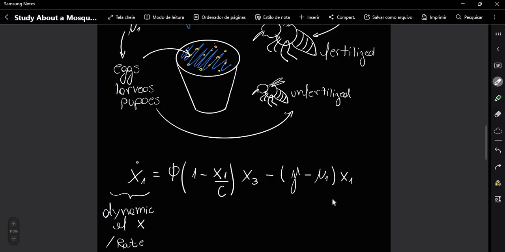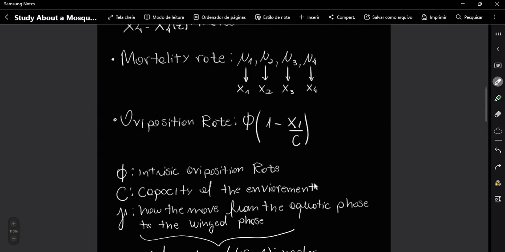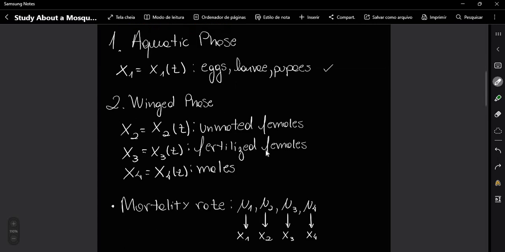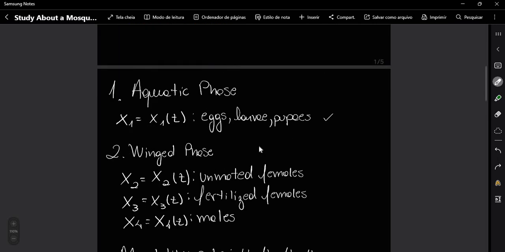Let's see, gamma is how the mosquito will move from the aquatic phase to the winged phase, a rate which is directly related to the aquatic phase, so it's directly related to x1.